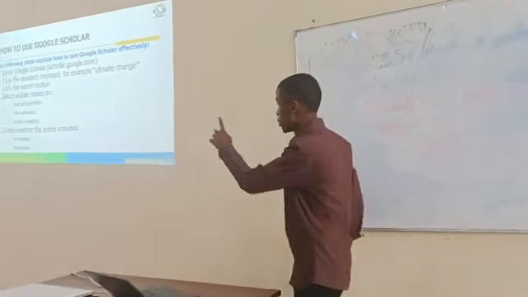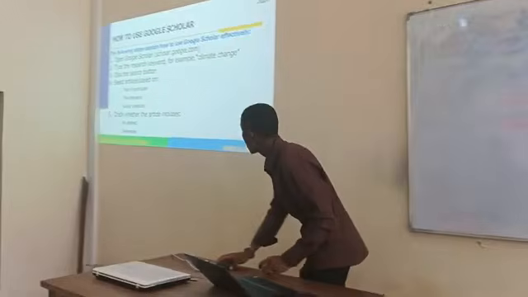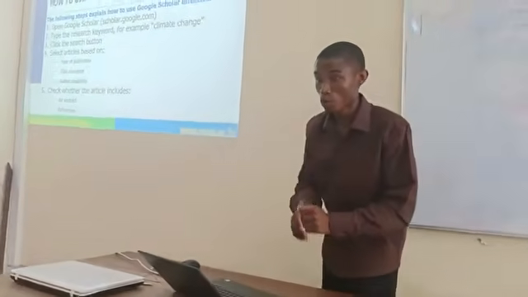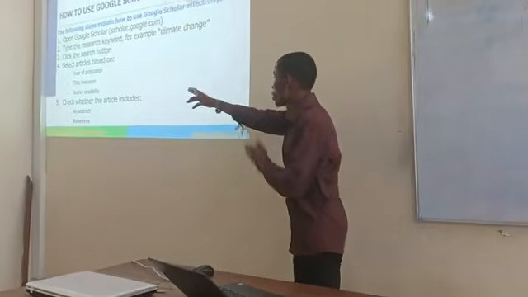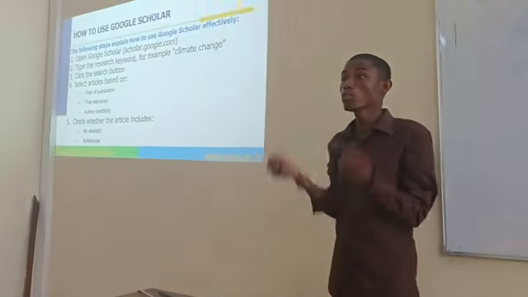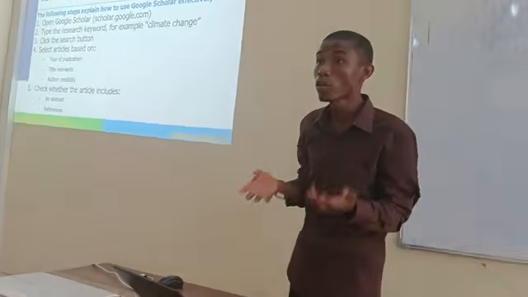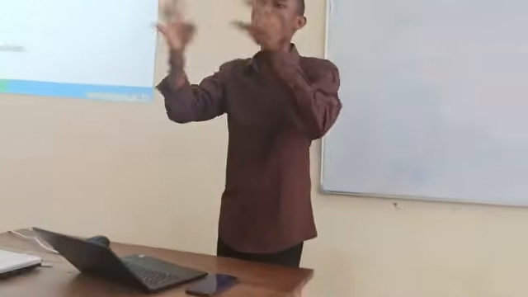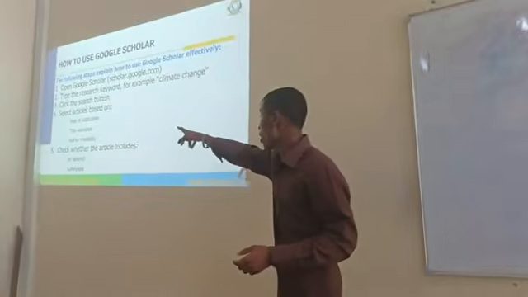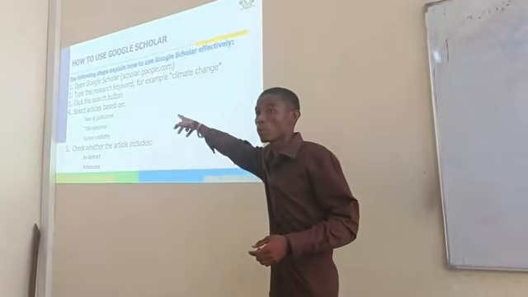Yes. Let us start. First, you are required to open Google Scholar. Second, you have to type the research words, the content words that you want to search. And I will show you. The third one, click the search button.